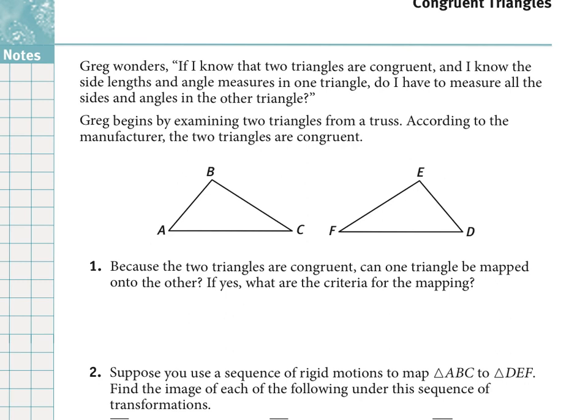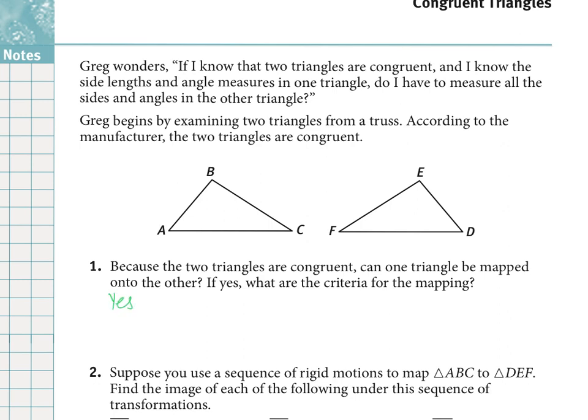So starting to look at this, think about this. We know if the two triangles are congruent, they are going to be the same size and same shape. So that means, yes, we know that each triangle can be mapped onto the other. Now we have to say, maybe through a sequence of rigid motions, how we can do this. Let's go ahead and answer the question first.